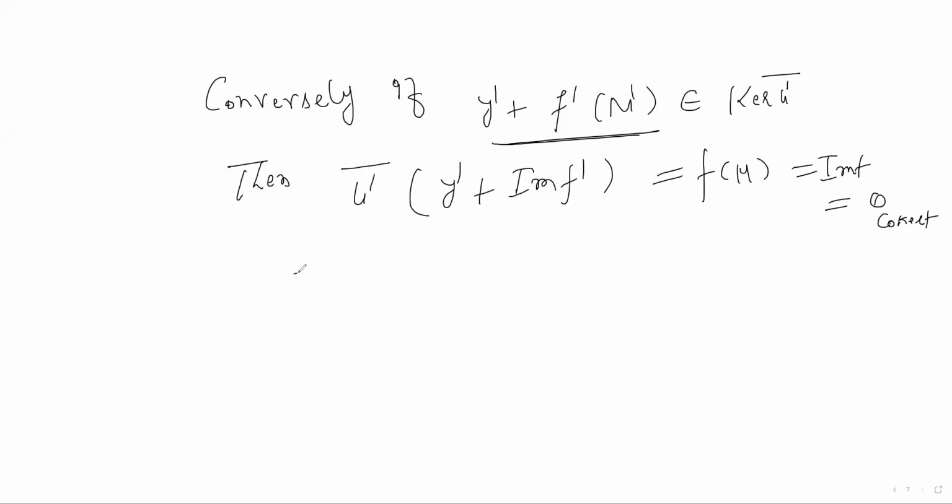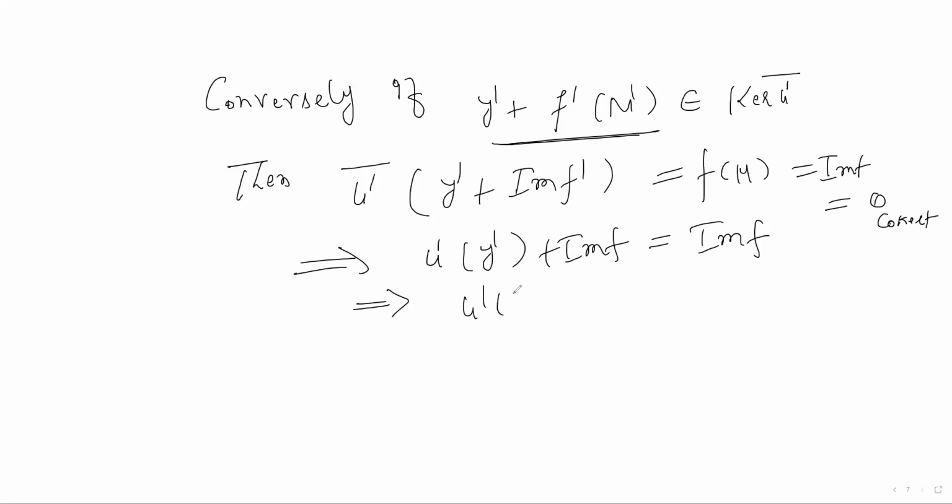Okay, but by definition of this mapping u dash bar, it implies that u dash y dash plus image of f is the same as image of f, or you can say that u dash y dash belongs to image of f.